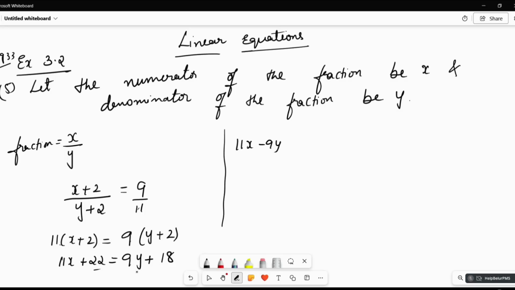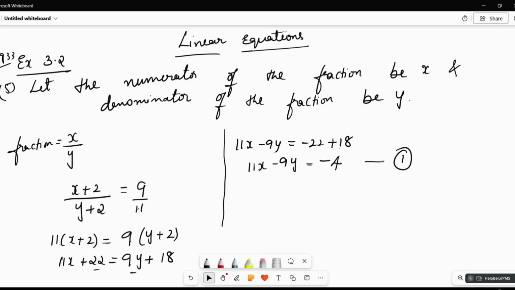If I am transposing 9y to the other side, it will become minus 9y, and 22 to the RHS, we get minus 22 plus 18. So 11x minus 9y is equal to 18 minus 22. How much will you get? 22 minus 18 is 4. Put the sign of the bigger number, so it is minus 4.